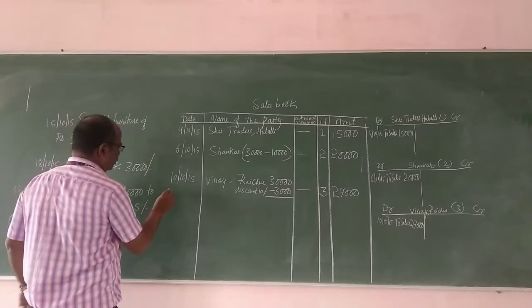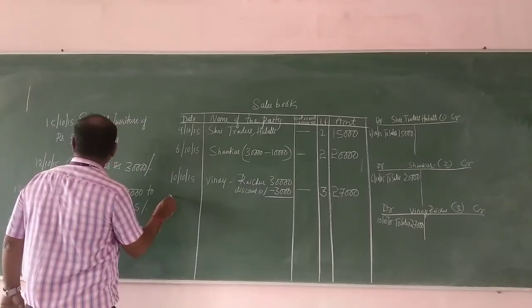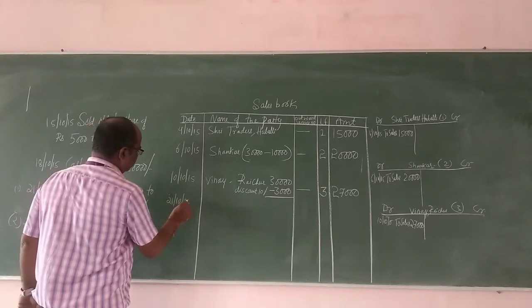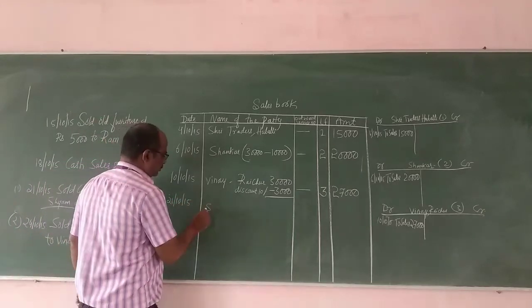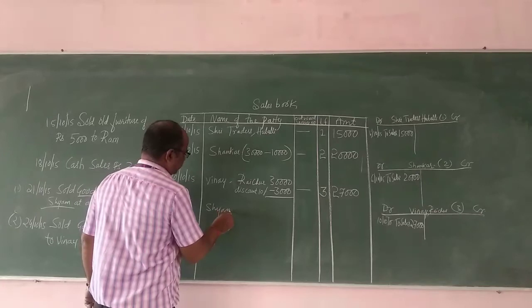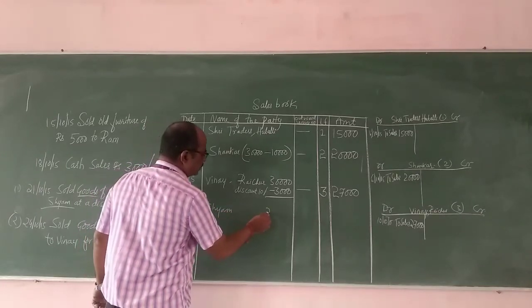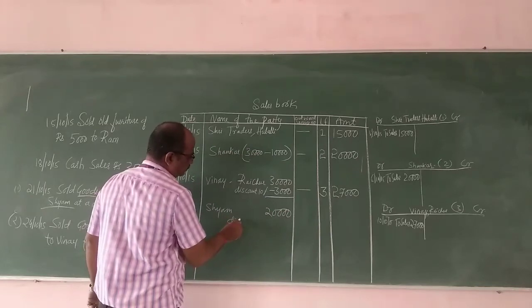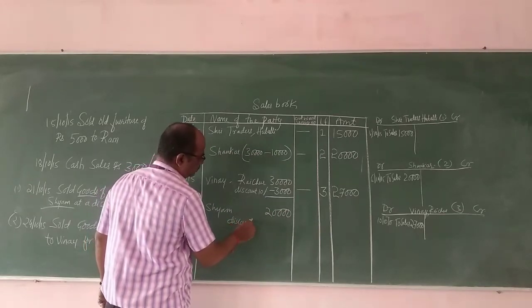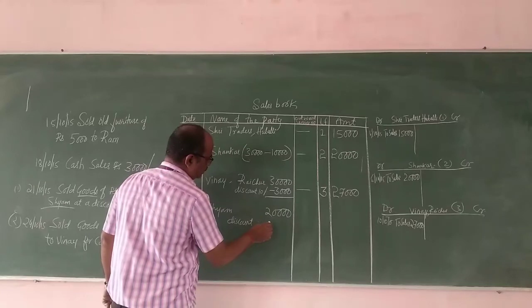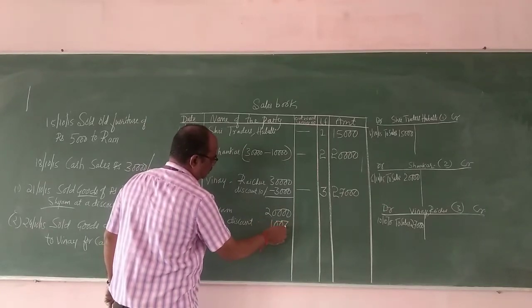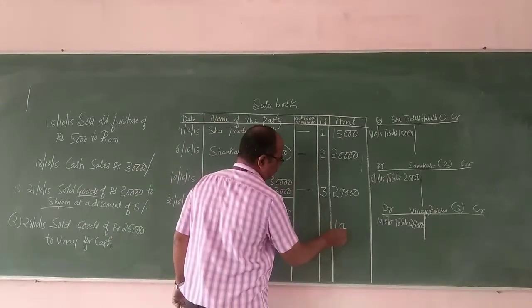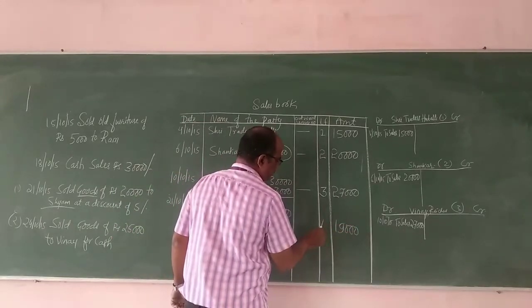This can be recorded. 21/10/2015, Shyam, 20,000 and discount is 5%. 5% means 1,000. Page number 4.